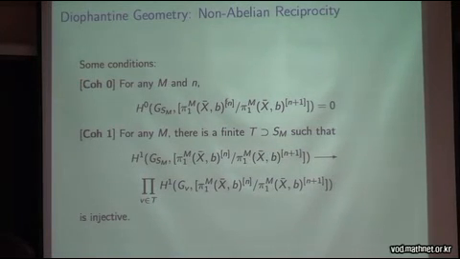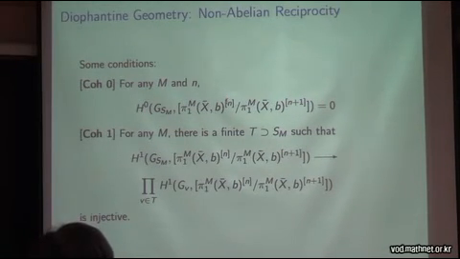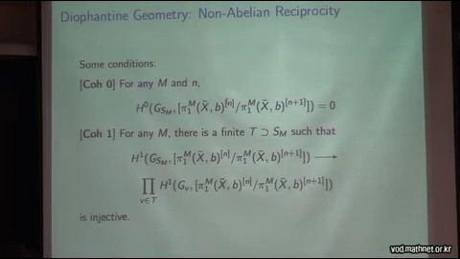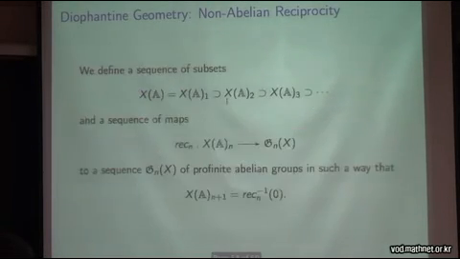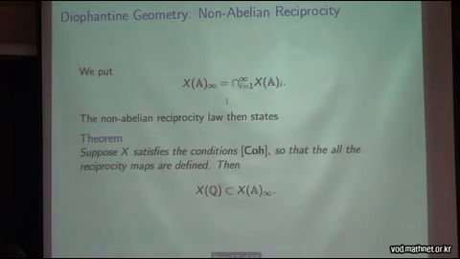I didn't emphasize that, but one could also do this at the S-integral level rather than for all rational points, which is probably the more interesting thing for P1 minus 3 points. One can check that these conditions are satisfied for many hyperbolic curves. So subject to that, you get a defining equation for the rational points on this variety X, given by a sequence of defining equations, because it's annihilated by all the reciprocity maps.